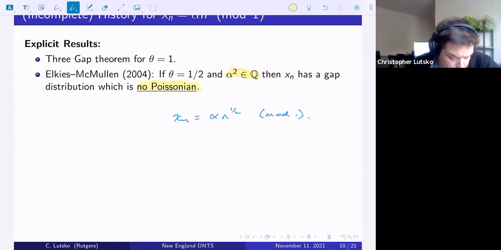And they do get an explicit gap distribution, and it's coming from homogeneous dynamics. The point is that this sequence has exactly the right scaling for you to apply equidistribution of expanding horospheres, and then you can get some limiting distribution out of the other side.